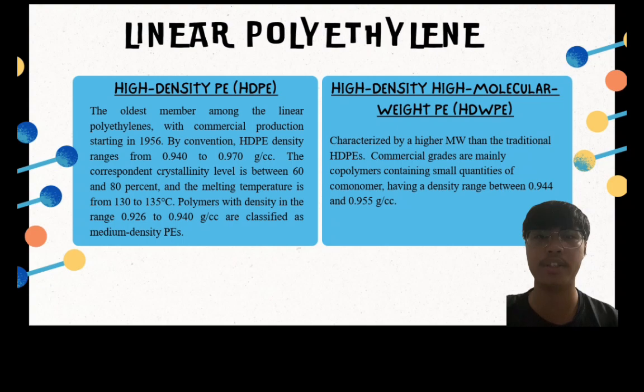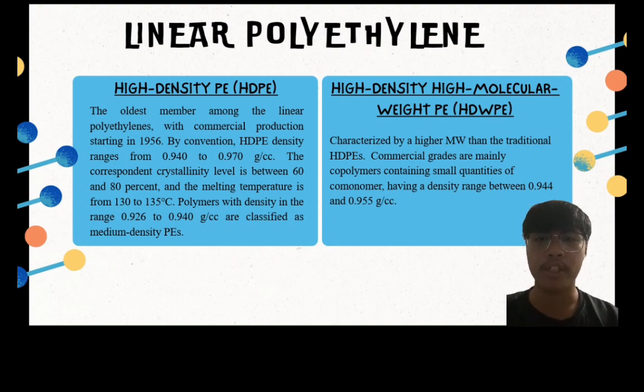Next is high-density PE, HDPE, the oldest member among linear polyethylenes, with commercial production starting in 1956. By convention, HDPE density ranges from 0.940 to 0.970 gram per cc.